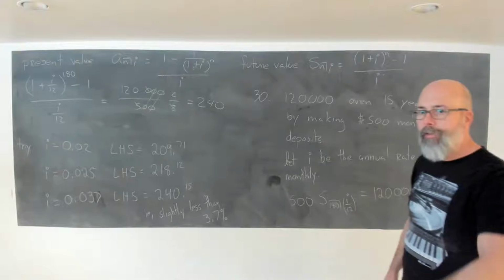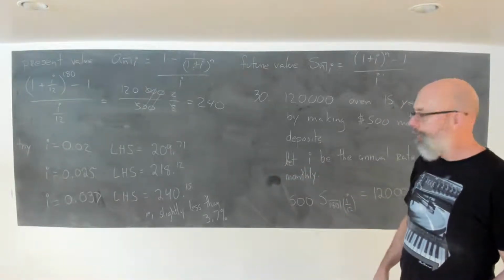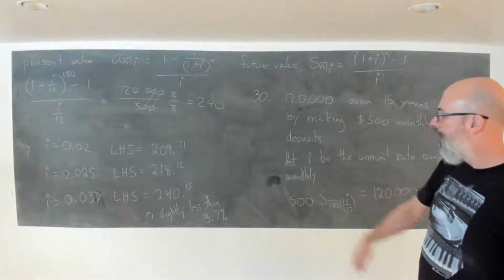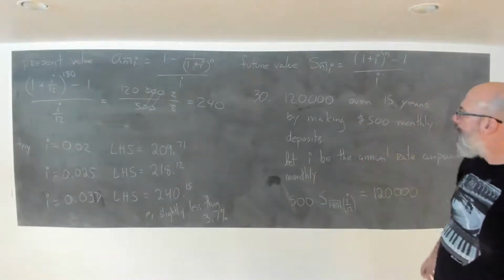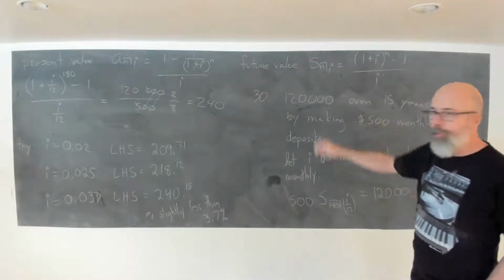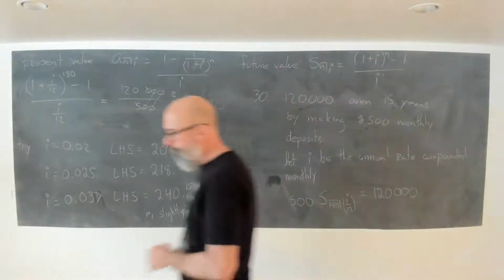That's going to be close enough here, 15 cents. So it's just ever so slightly less than 3.7%. So a reasonable interest rate needed to accumulate 120,000. Very good.